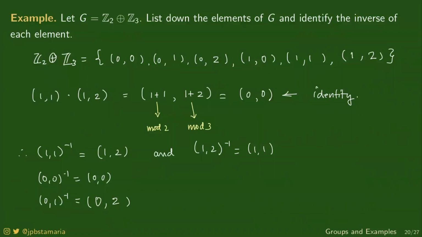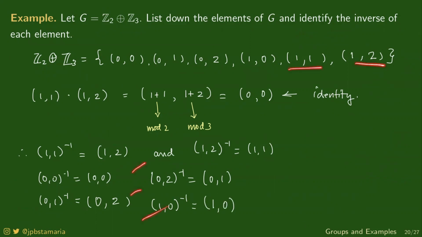Inverse of 0, 2, of course, 0, 1. Inverse ng 1, 0, that's 1, 0 as well. Tapos nagawa na natin yung inverse na itong dalawa. And I think we are done. Okay? Yan yung meaning natin ng mga inverses sa Z2 plus Z3.